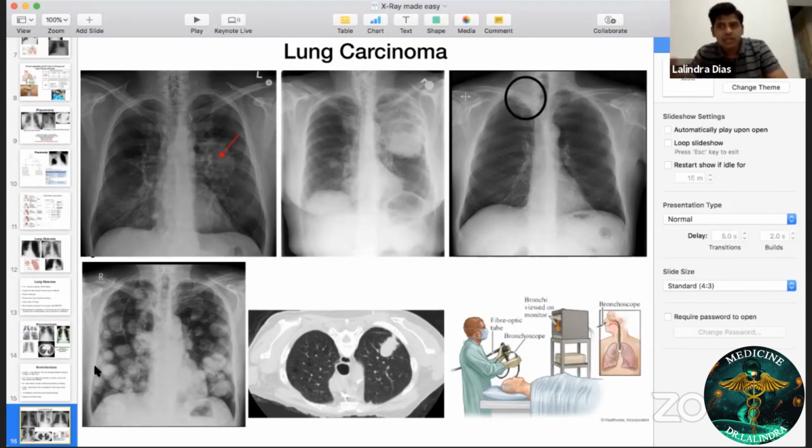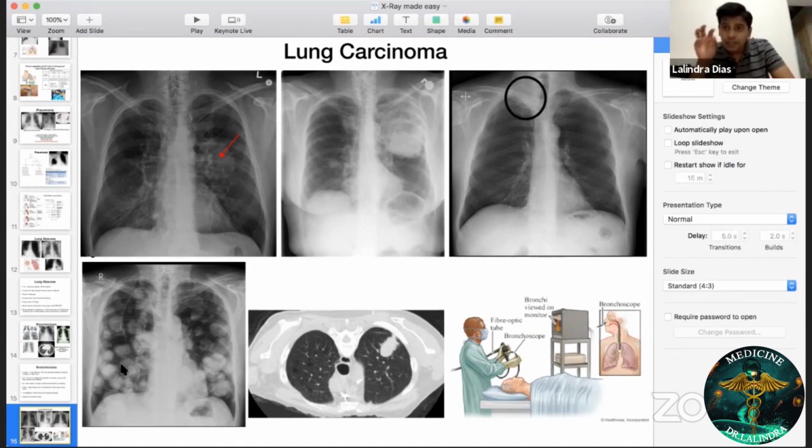You can get them in the lungs, in the liver, in the brain, in the bones, and in the adrenal glands. So these are the places where you can get secondary deposits from some other cancer somewhere else in the body.